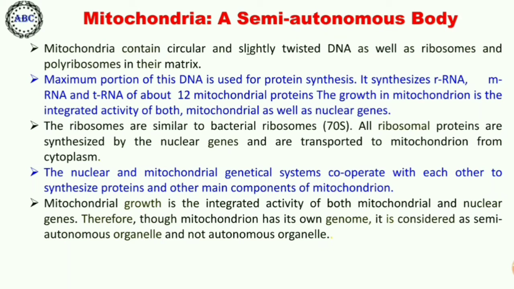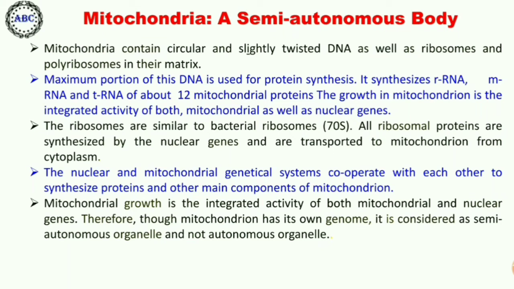The nuclear and mitochondrial genetic systems cooperate with each other to synthesize proteins and other main components of mitochondria. Mitochondrial growth is the integrated activity of both mitochondrial and nuclear genes.